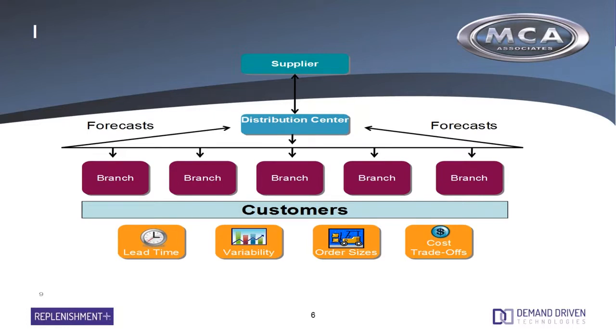Then your objective should be to minimize the total inventory across the whole entire distribution network, but still be able to meet your desired service levels to end customers from each location. Now, I know that's a mouthful, and frankly, I know it's not that easy to do sometimes, because here's what happens.